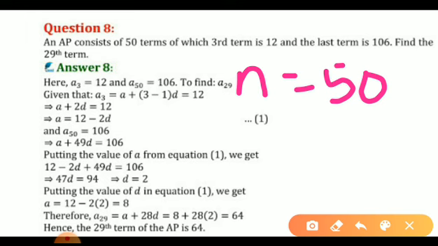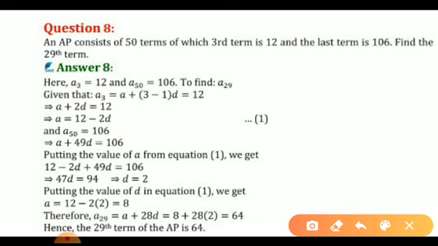Here you are not directly given the values of a and d, but instead it is given that your third term is 12. Third term is 12, that means A3 is given to be 12.